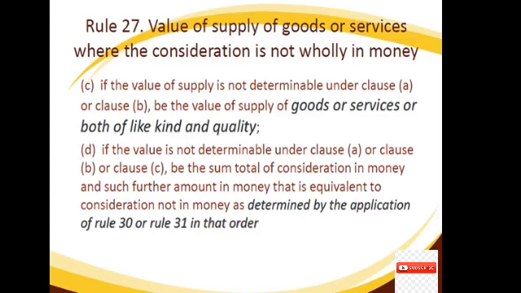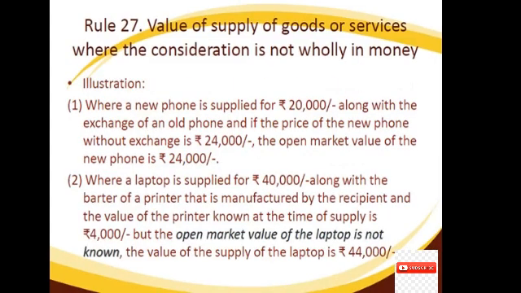Now suppose this point is also not available in the question, then the valuation will be determined as per rule 30. And again, if rule 30 information is not available, then you will move on to the last rule, which is rule 31. Now let us understand this through an example.